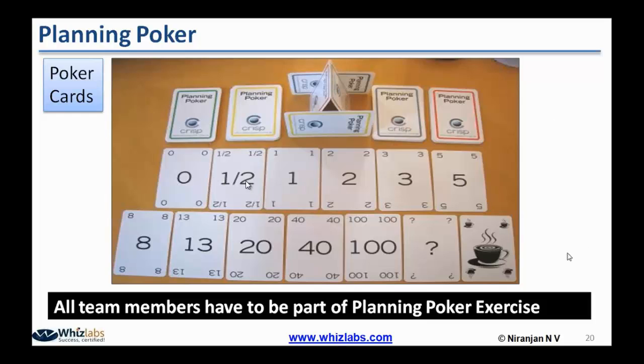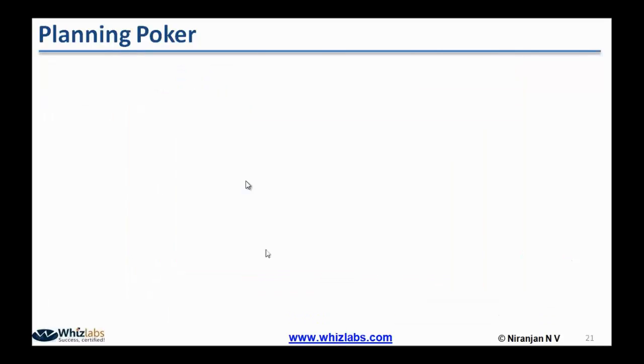That's the beauty of this exercise. Let's discuss how this is done. The planning poker exercise expects you to have one moderator who will moderate the entire estimation exercise. The moderator will normally be the scrum master.